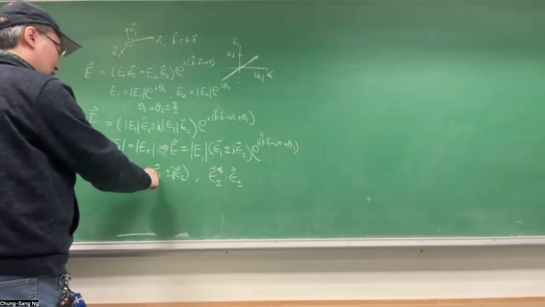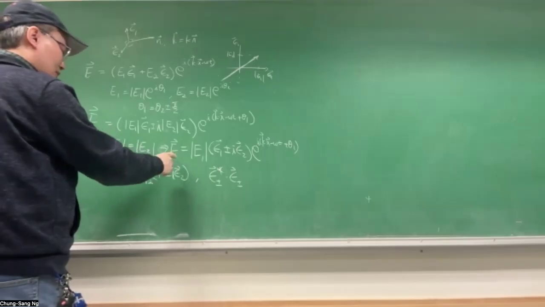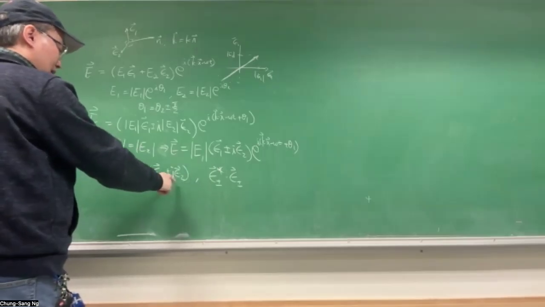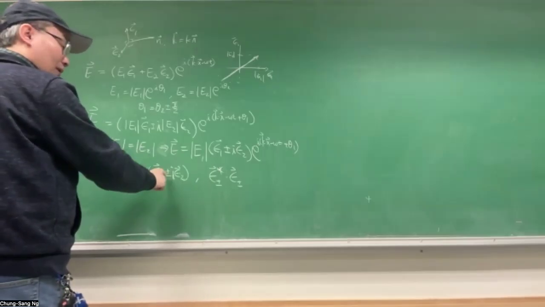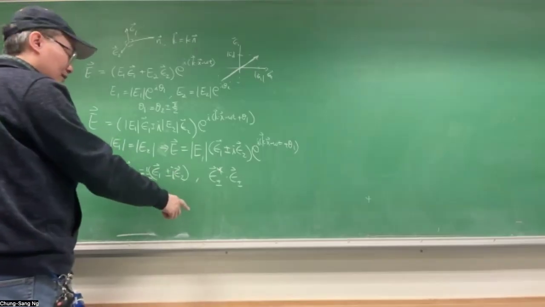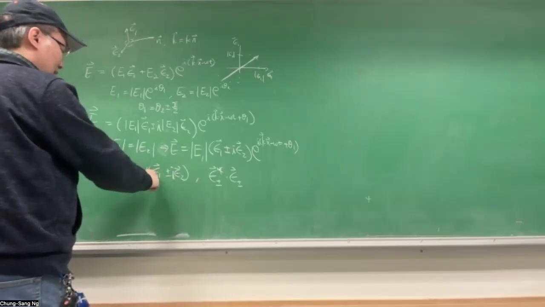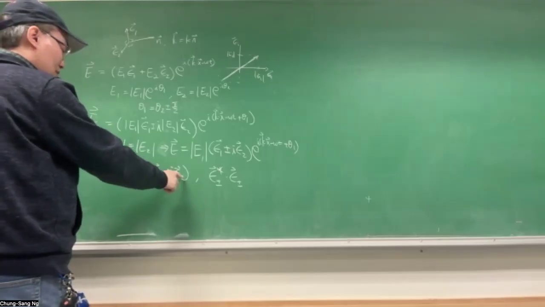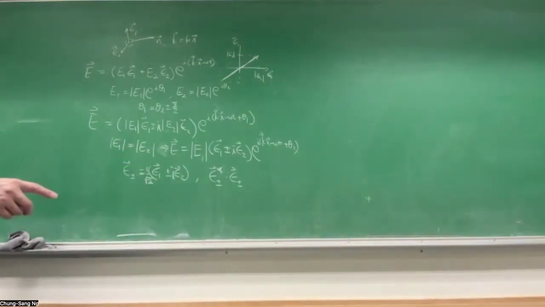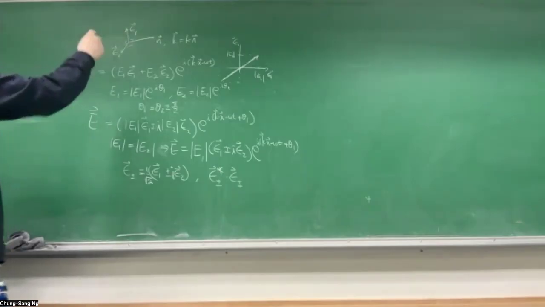So you have four terms. Epsilon 1 dot into epsilon 1 gives you 1. And i epsilon 2 dot into minus i epsilon 2 also gives you 1, right? But then epsilon 1 dot into epsilon 2 or vice versa, they're 0 because these two vectors are orthogonal.